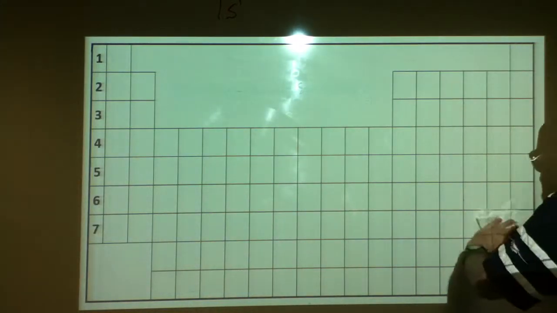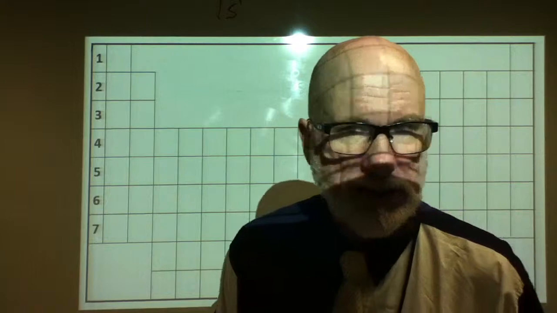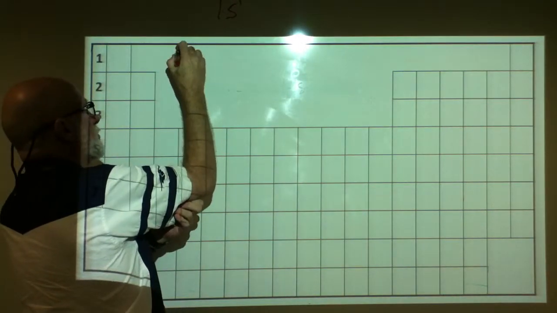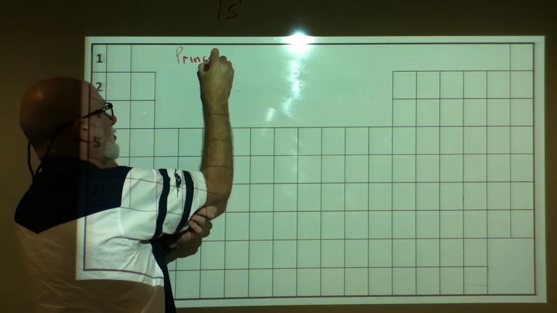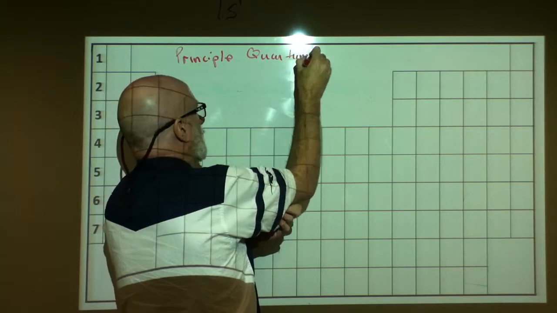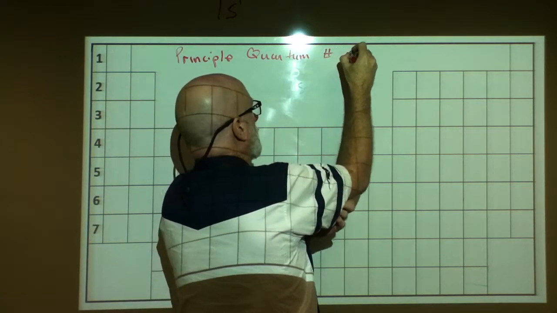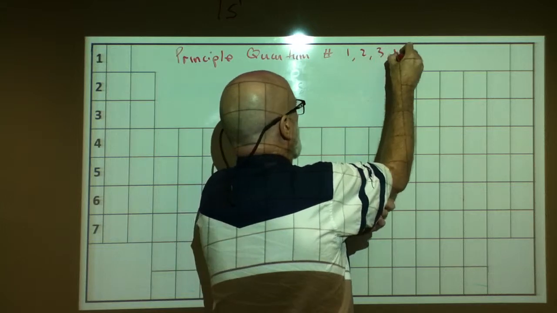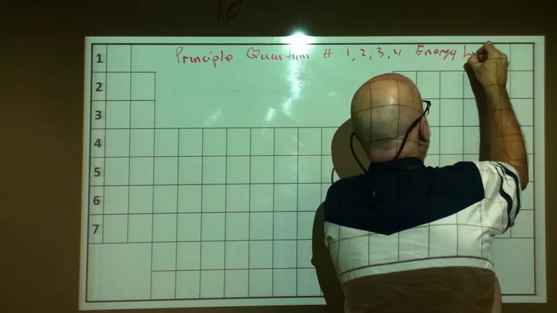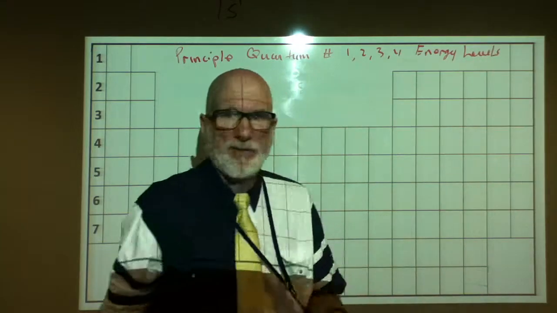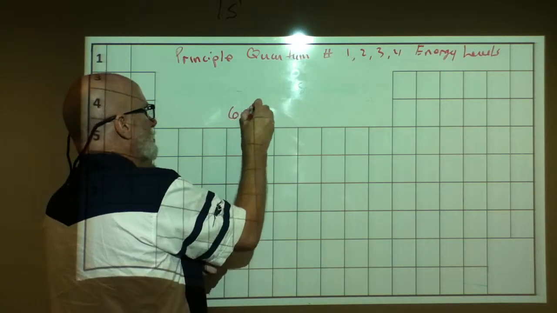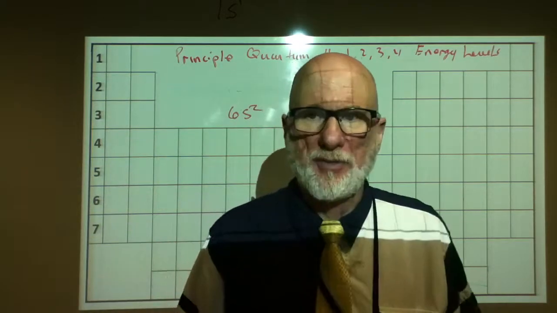So let's do quantum numbers. The first quantum number is easy, and that's going to be n, the principal quantum number. That's the energy levels. So if I write 6s2, what's the principal quantum number for 6s2?